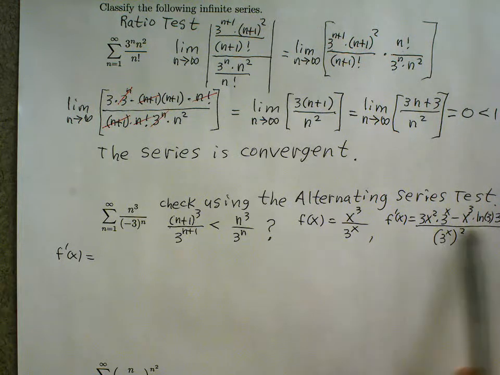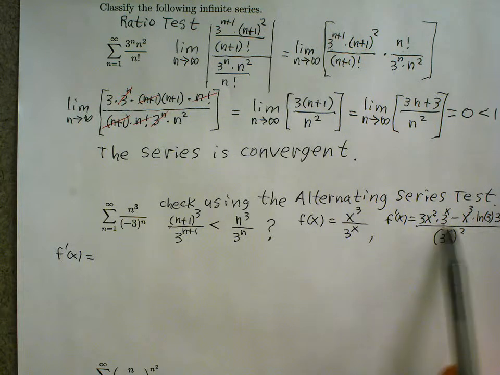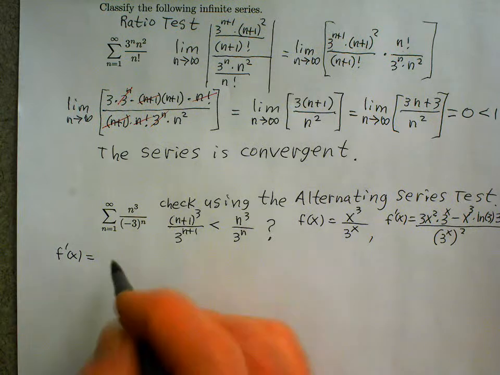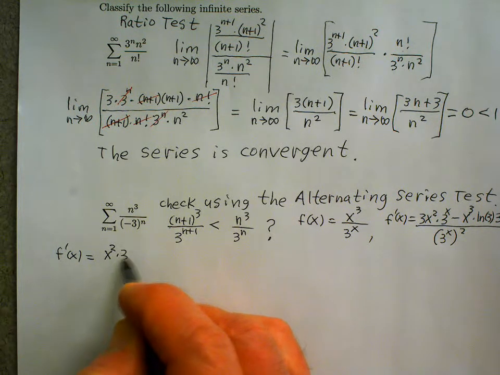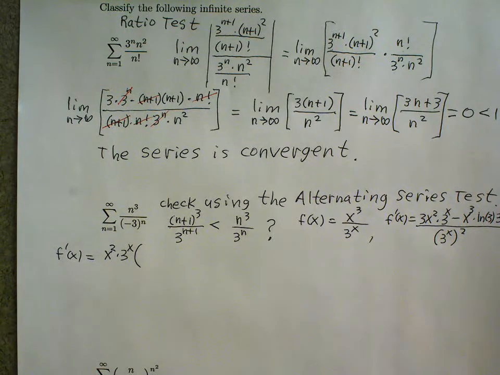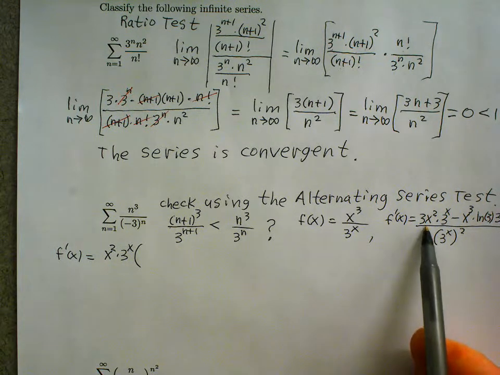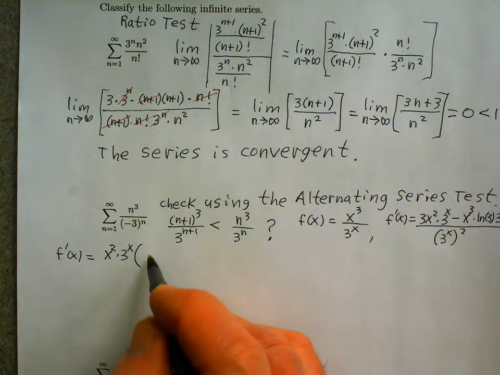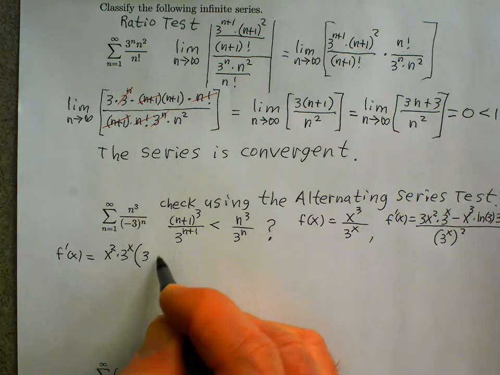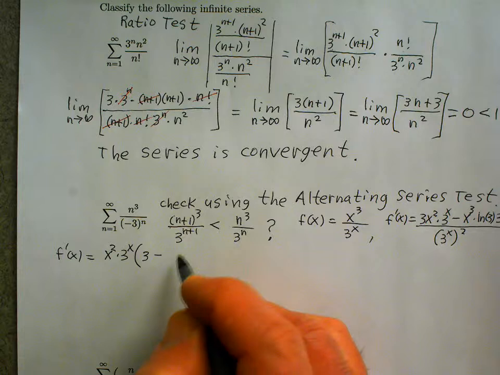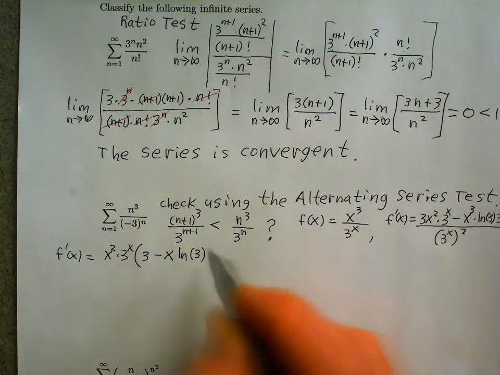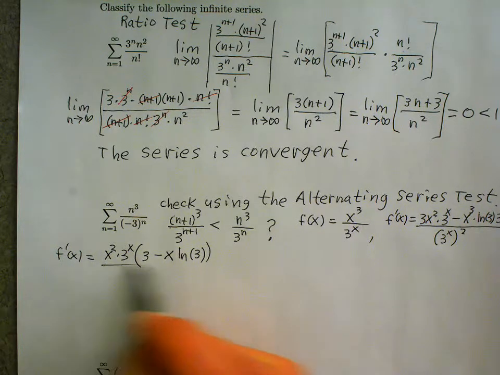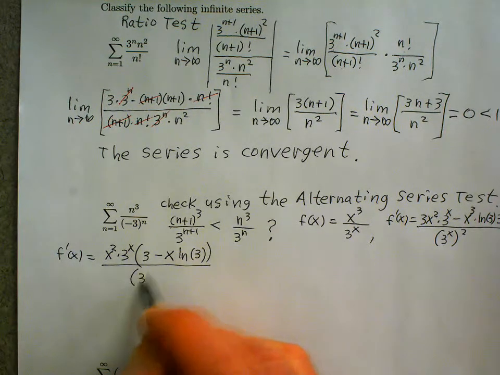So in the numerator, we can factor out x to the second times 3 to the x. And we'll be left with 3 minus x times the natural log of 3. And then the denominator is always positive.